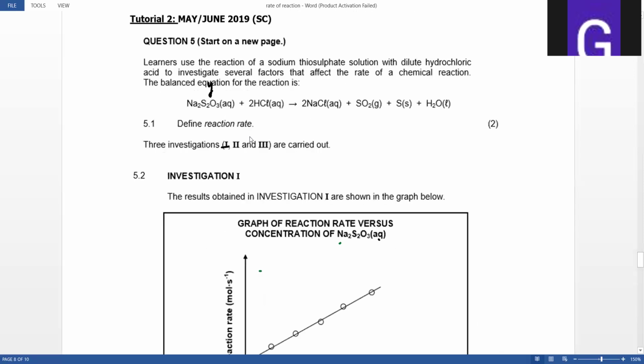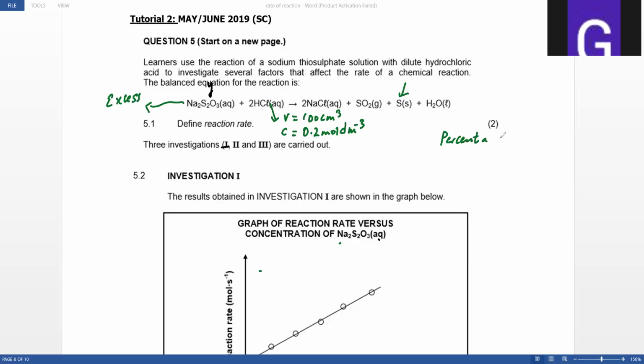So it means this one is hydrochloric acid. This one has a volume of 100 and concentration of 0.2. But we are told that this is in excess. And what do we want to calculate? We want to calculate the percentage purity of sulfur. Okay, I'm sorry, percentage yield.